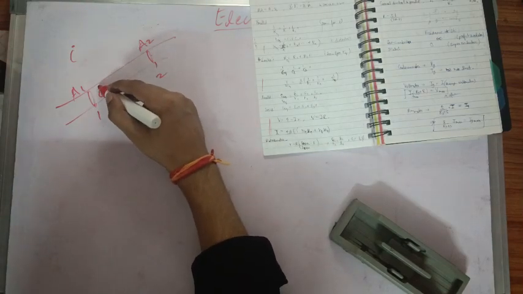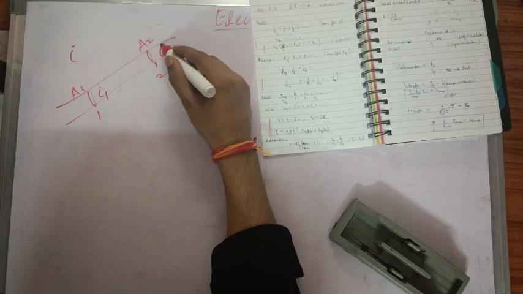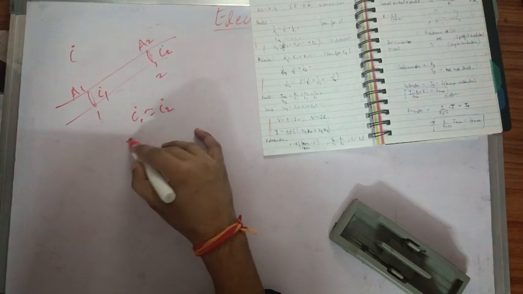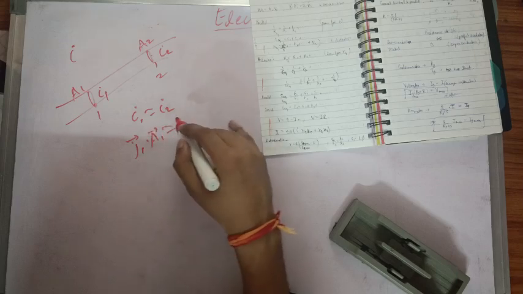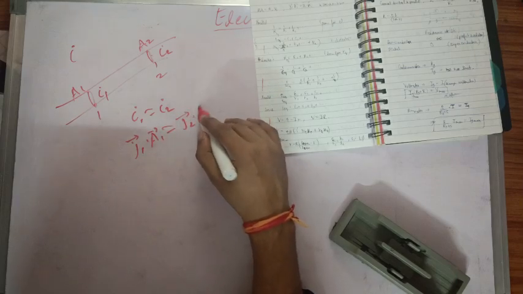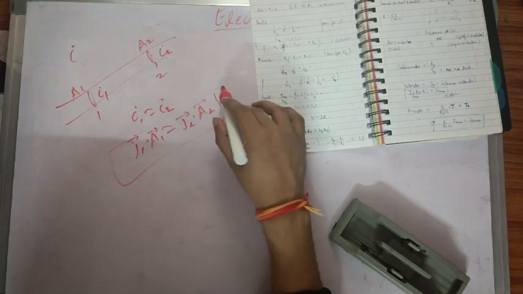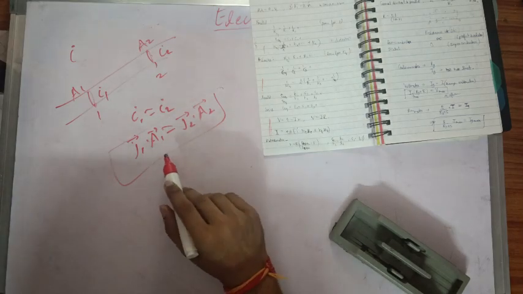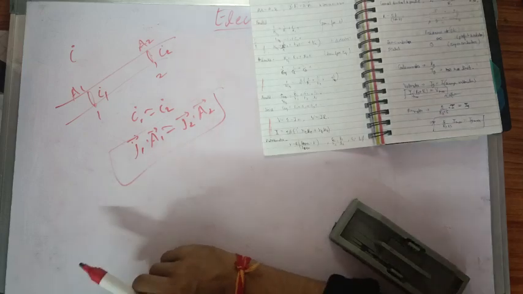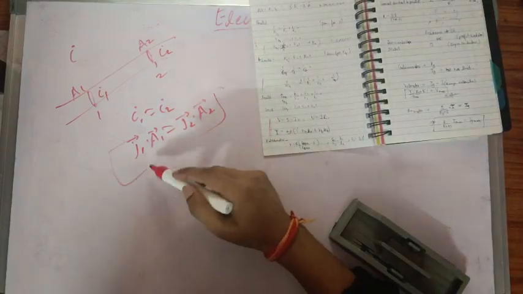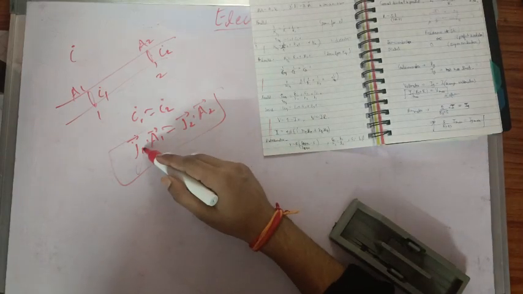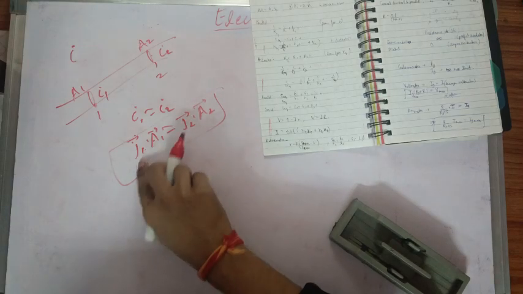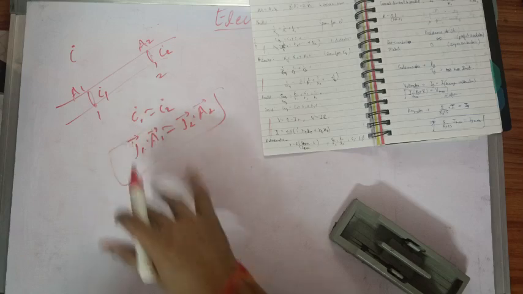Then since the current here is I1 and there is I2, I1 should be equal to I2, which means J1 dot A1 should be equal to J2 dot A2. So the total current is given by the current density into area vector. The more the current density, the lesser the area of cross section, or the more the cross section area, the lesser the current density. It behaves like the flow of water.